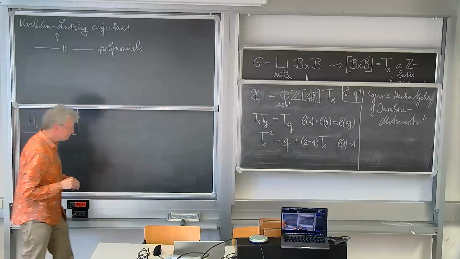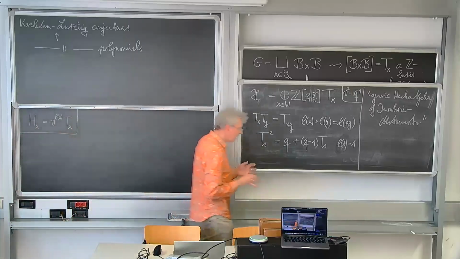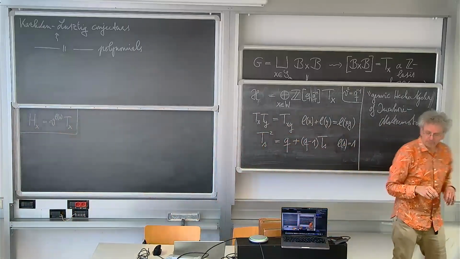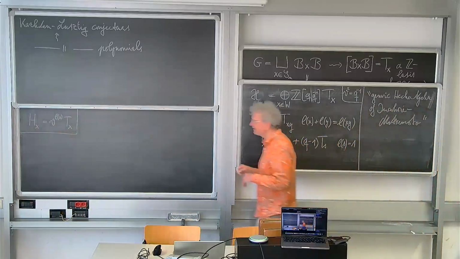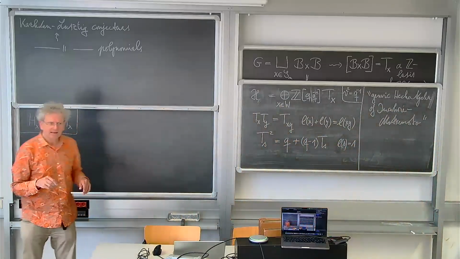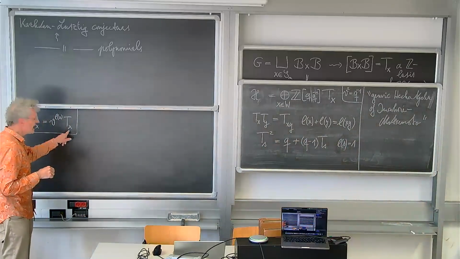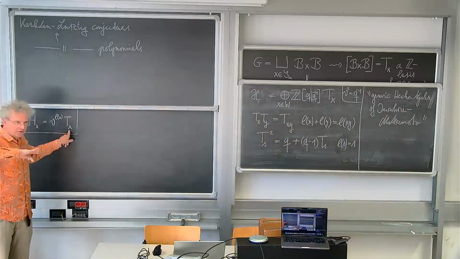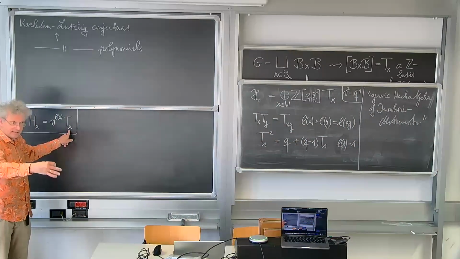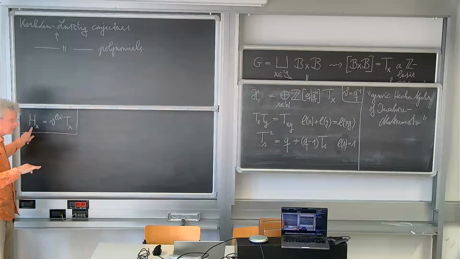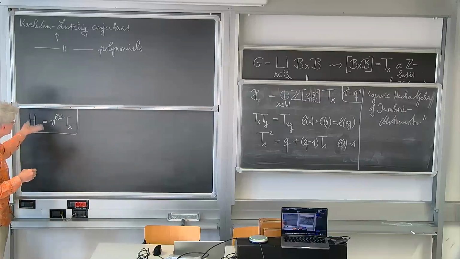In fact, if you know something about covered sheaves, and I guess you do, these Tx would correspond to constant sheaves on these double cosets. And these things would correspond to constant perverse sheaves on these double cosets, moved in the correct degree. And this is why they turn out to be quite a good choice in discussing Kazhdan-Lusztig polynomials.